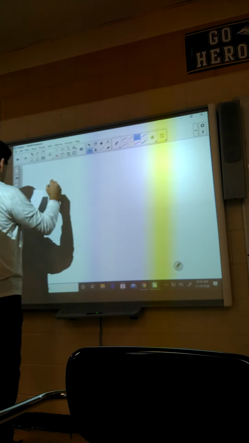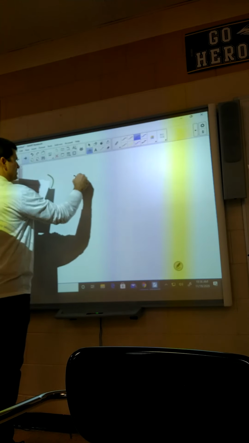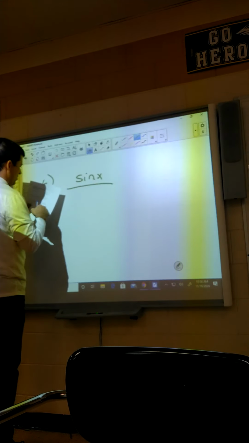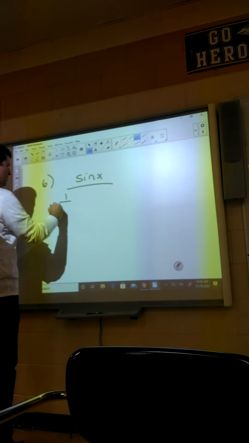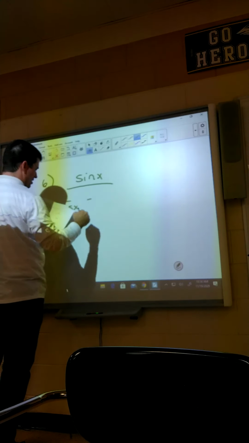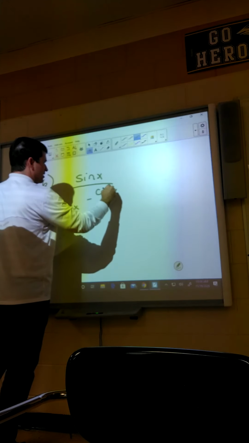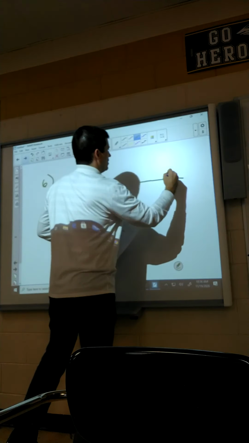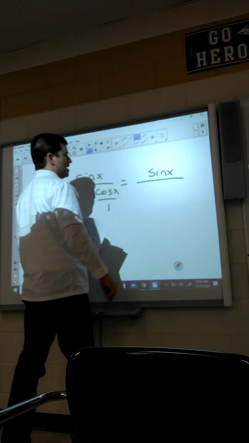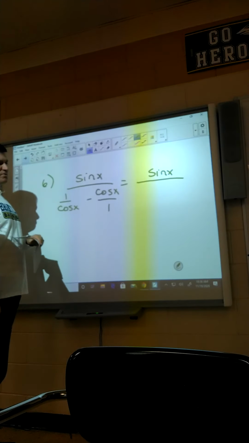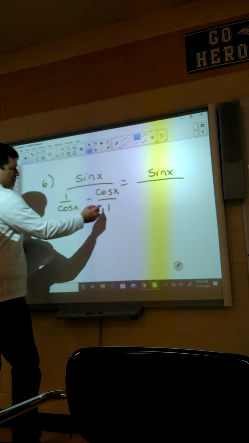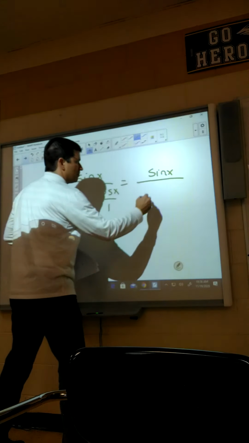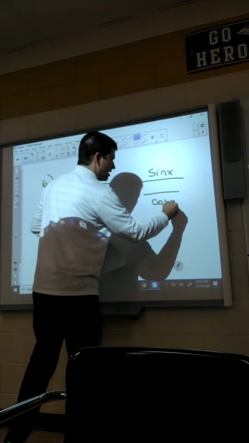Let's keep going. Number 6. I got sine on top over secant minus cosine. Secant, I changed to 1 over cosine. And cosine x, I'm going to write cosine over 1. So, leave sine on top. We got to do the common denominator step on the bottom. When you times these two together on the bottom, you're going to get cosine x.